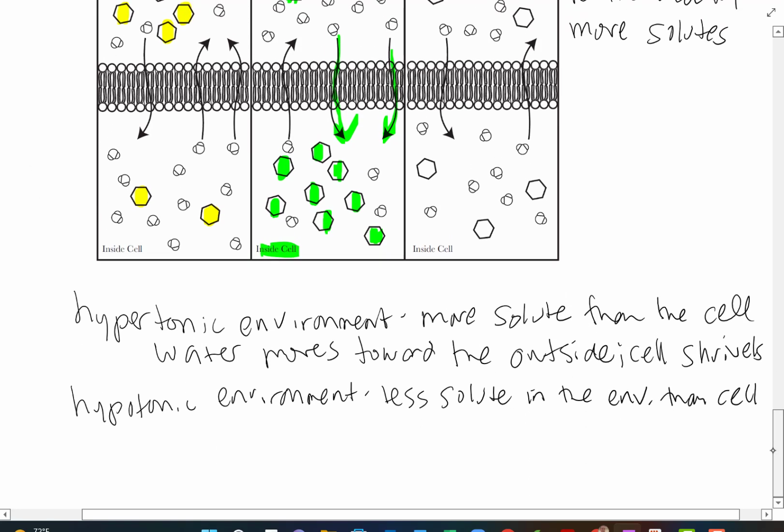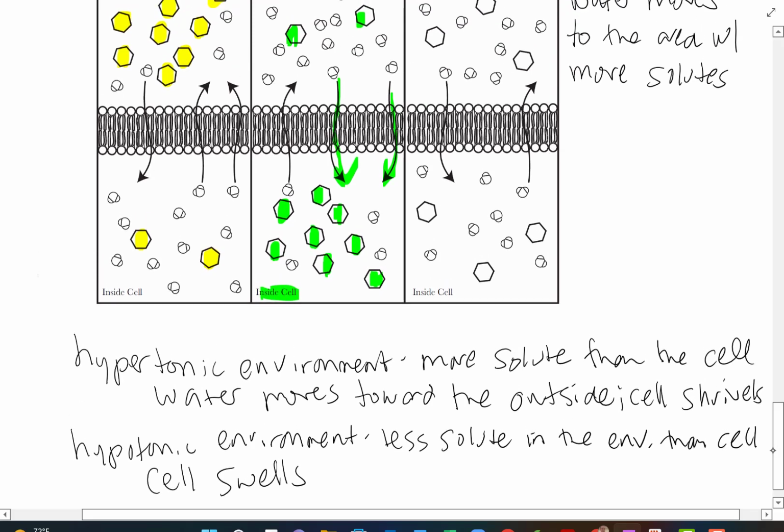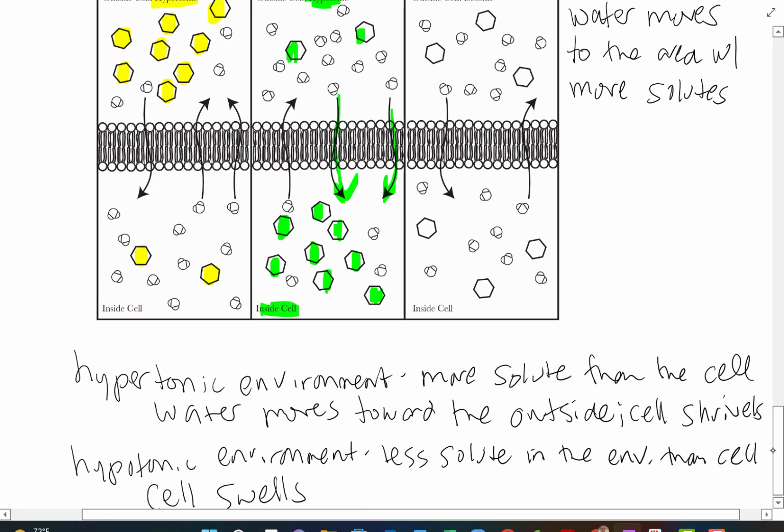So we're going to say cell swells. If this is like a red blood cell in your body, the red blood cell could rupture, it could burst. When you receive IV fluid, it actually has a little bit of salt in it. It's like 0.9% salt.